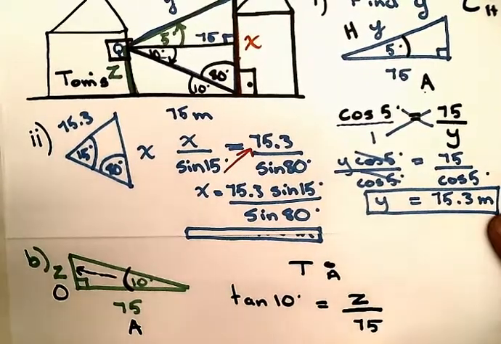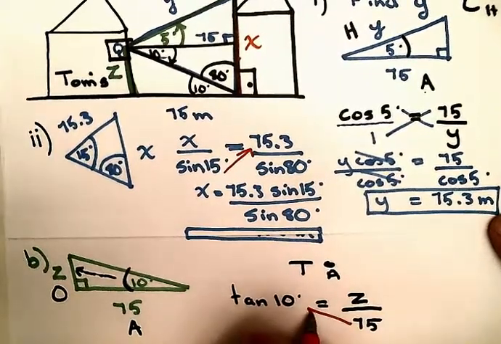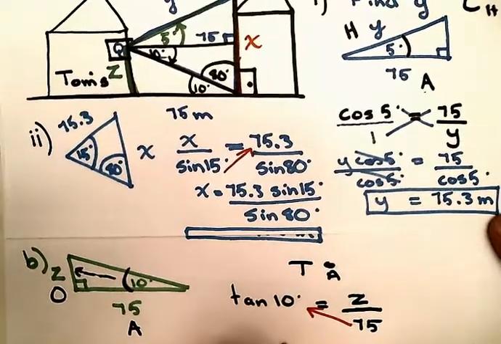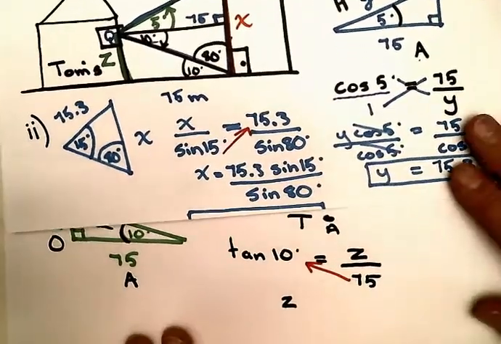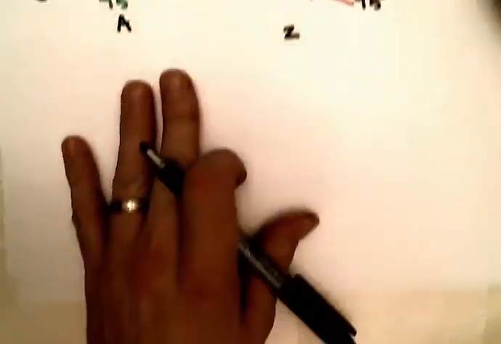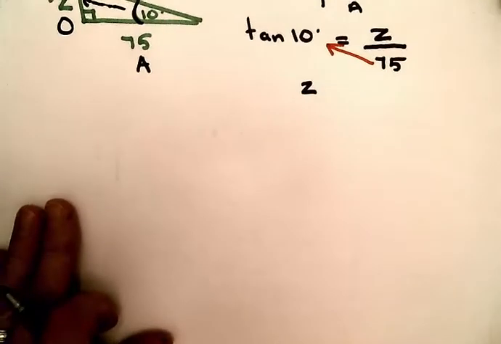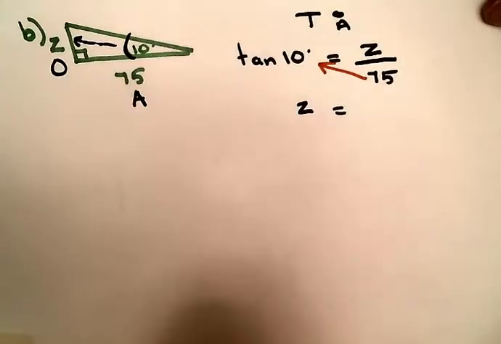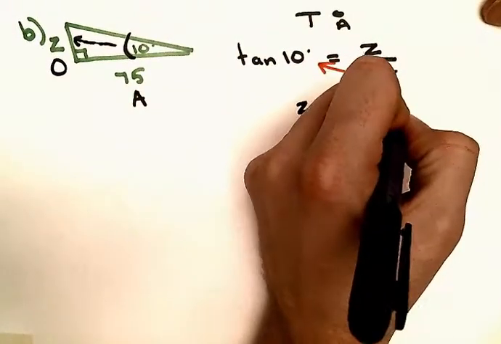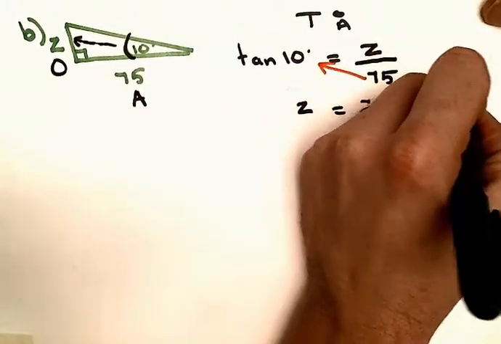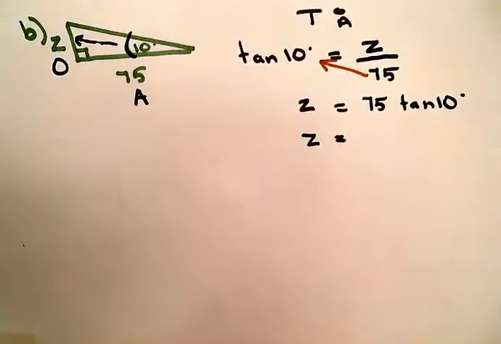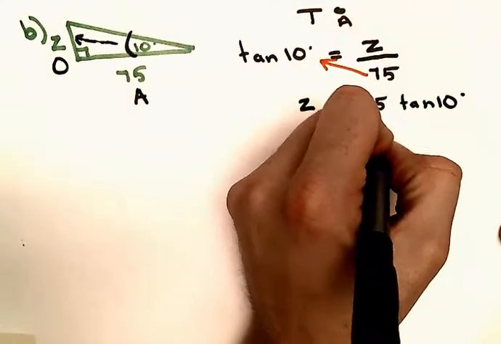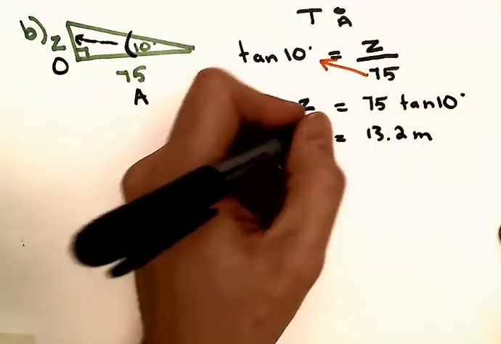And you'll need to quickly cross multiply. So Z equals 75 times tan 10 degrees. Let's work that out: 75 times tan 10 is 13.2 meters.